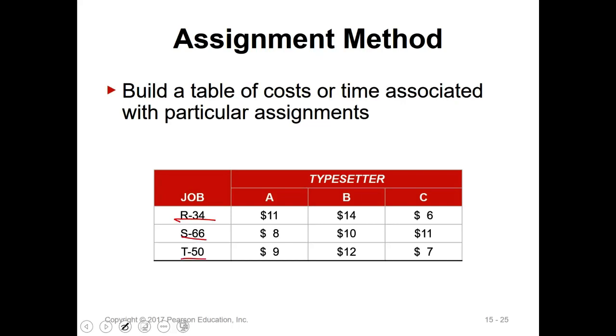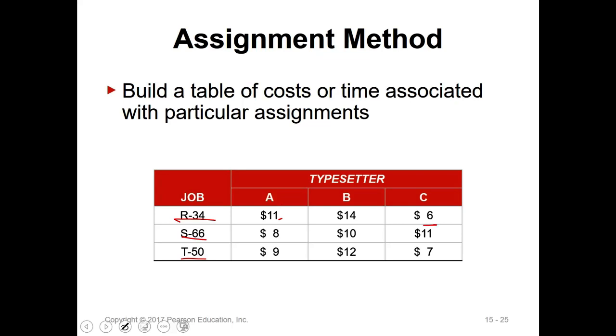They have 3 types of machines, A, B, C. If you use A to do job R34, it's going to cost $11. If you use B to take care of job R34, it's going to cost $14. If you use C, it's going to cost $6.